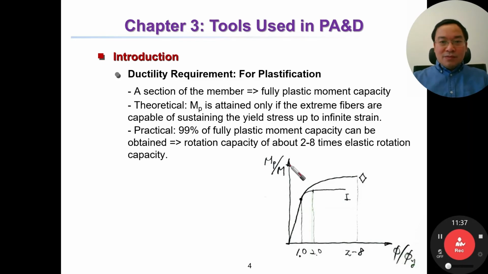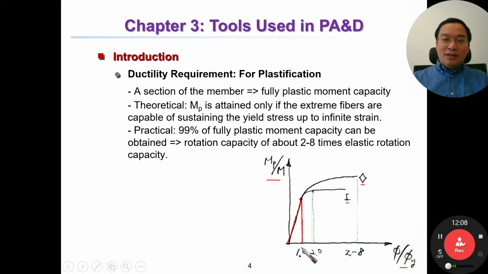I will explain. This is a moment curvature curve. We already learned about this one. Let's say here is for an I section, and this is for another type of section, a diamond section, something like that. Then this is the elastic rotation capacity because this part is elastic.